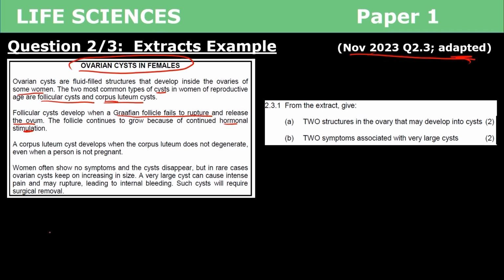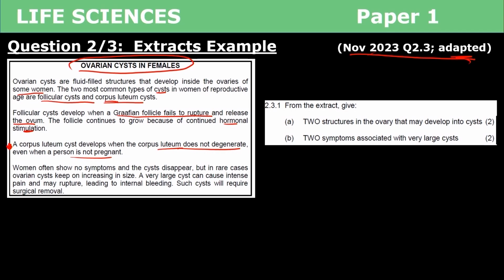Right? We are given the cause now here. A corpus luteum cyst develops when the corpus luteum does not degenerate, even when a person is not pregnant. So you can also think now what this could possibly mean, the other implication. Women often show no symptoms and the cyst disappears.